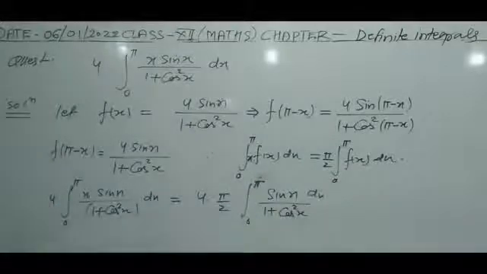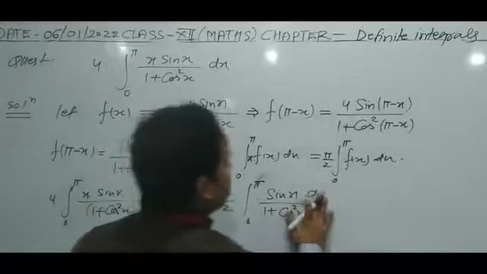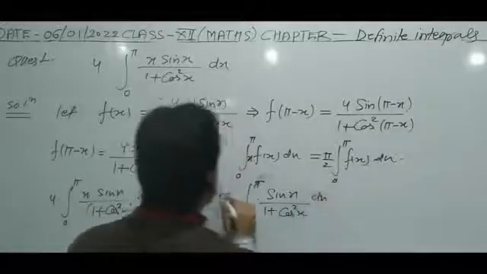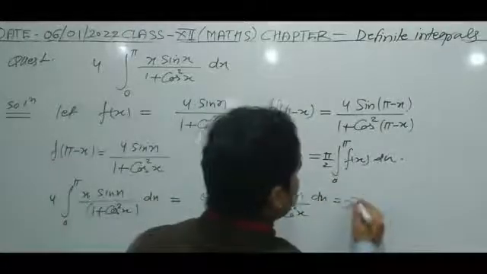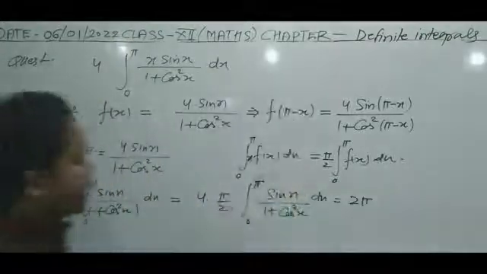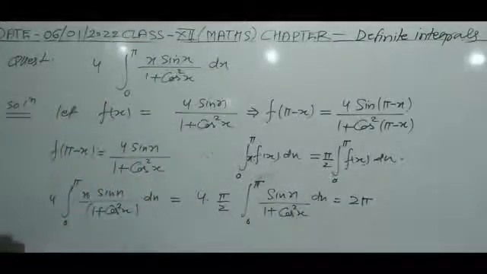Now this is the result, and after integrating, using the property, we can write this is 2 pi. For its integration, suppose we consider t is equal to cos x, so the result will be minus dt upon 1 plus t square.